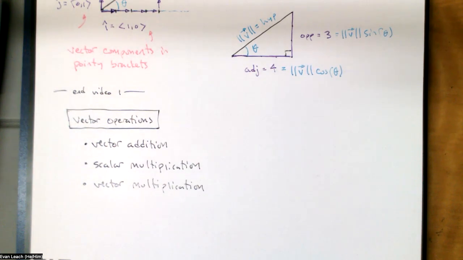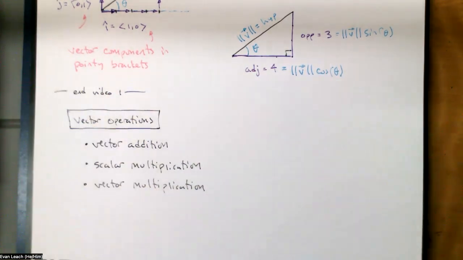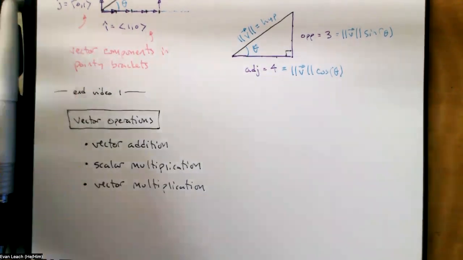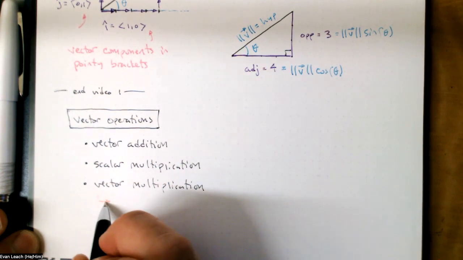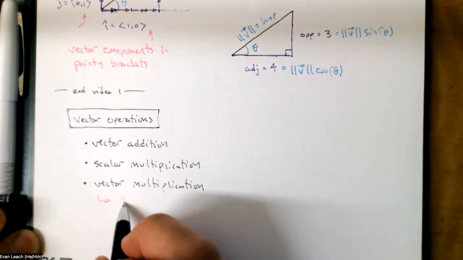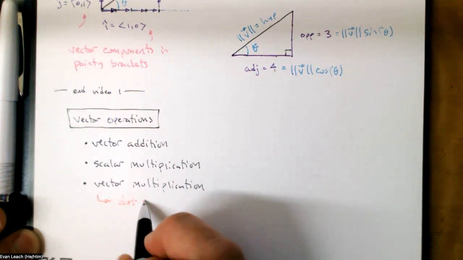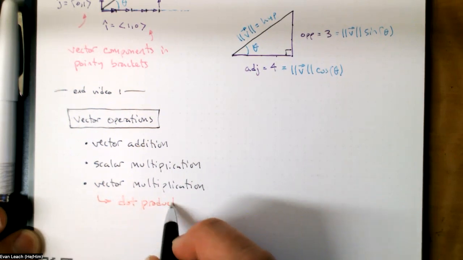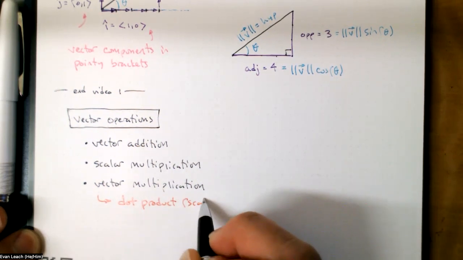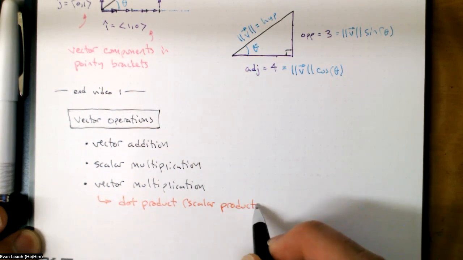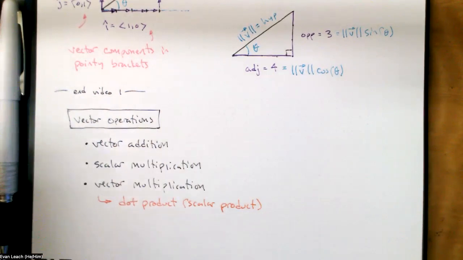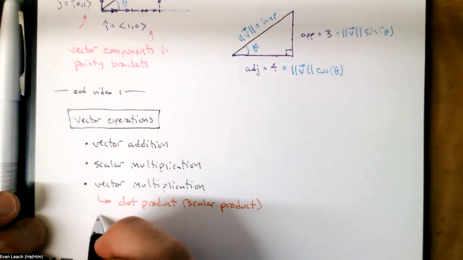Vector multiplication comes in two varieties. The dot product and the cross product.